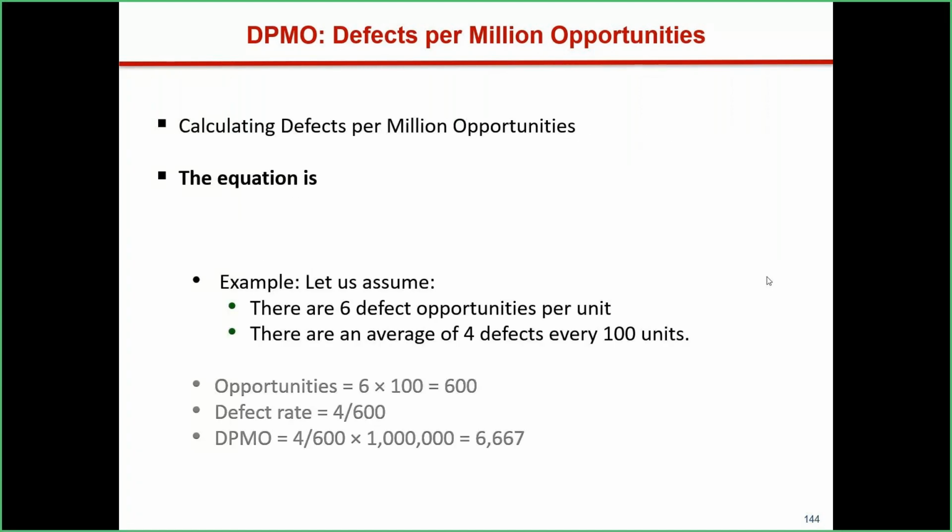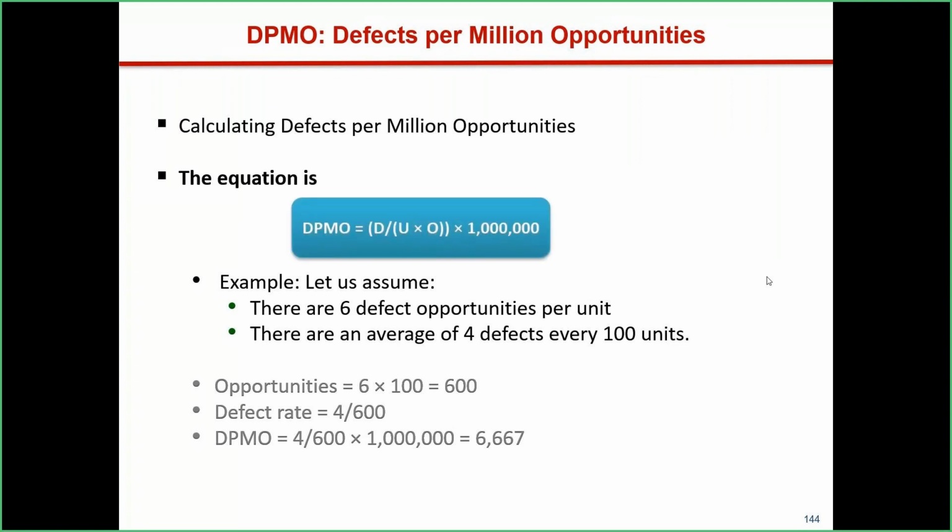Calculating DPMO, or defects per million opportunities, the equation is DPMO equals, in brackets, D, that is defects, divided by, in brackets, units into number of opportunities, into 1 million. So if there are six defect opportunities per unit, there are an average of four defects every 100 units.